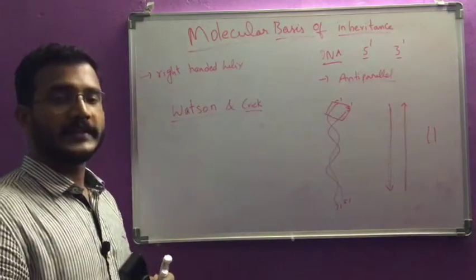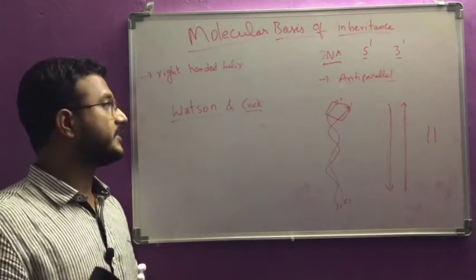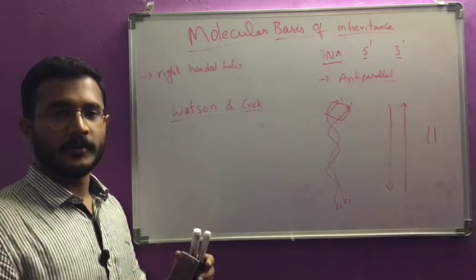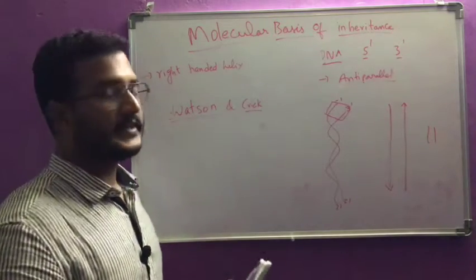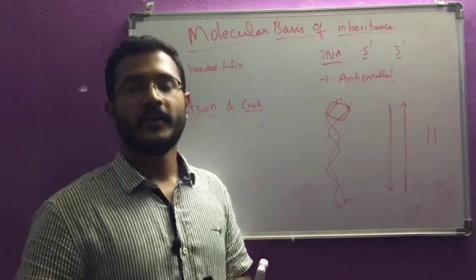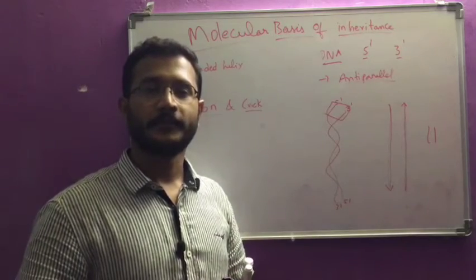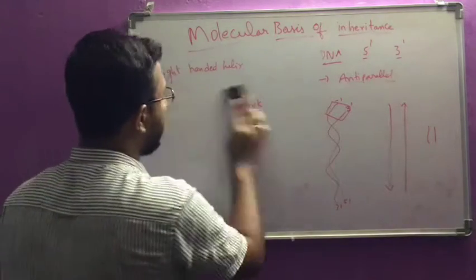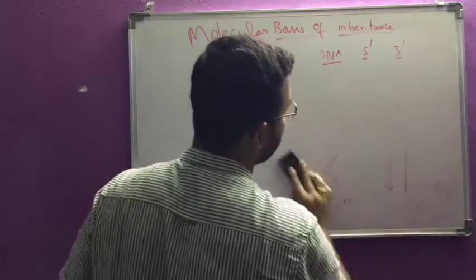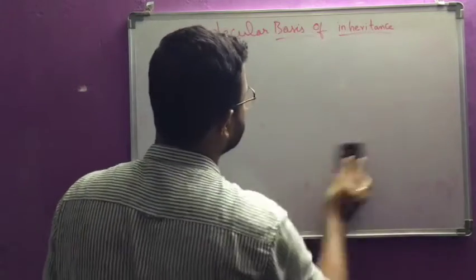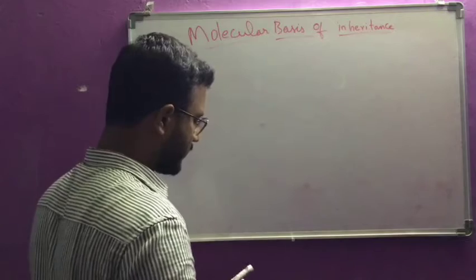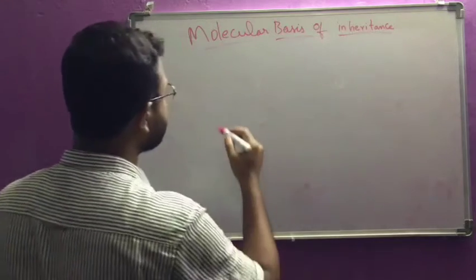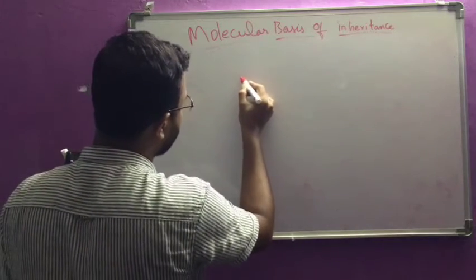These are the properties given by two famous scientists, Watson and Crick. Now, how do we decide this is the 5' end and this is the 3' end? For that, you have to see the molecular structure of DNA. Yesterday we discussed it actually, and this is the extension of yesterday's class.